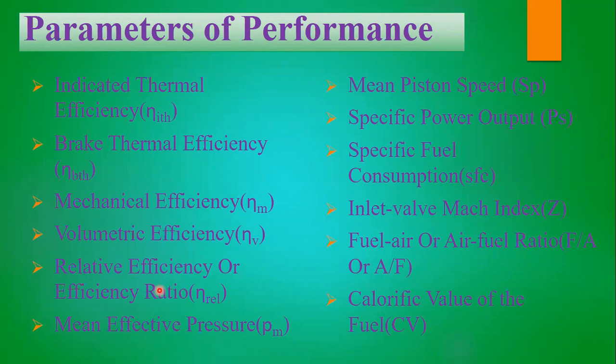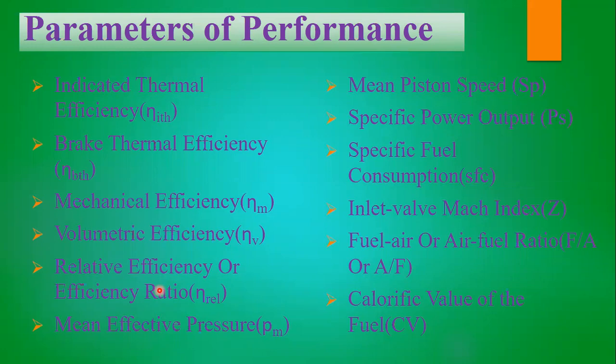How much heat is released, and with that heat, how many forces are going to develop to push the piston downwards? That is what indicated power. It is based on how much fuel is combusted, and per unit quantity of fuel, how much energy is liberated.